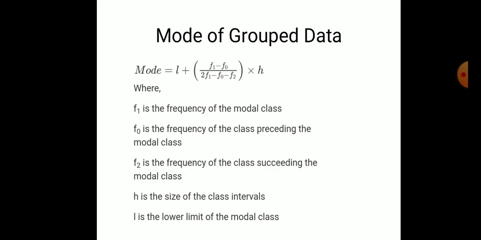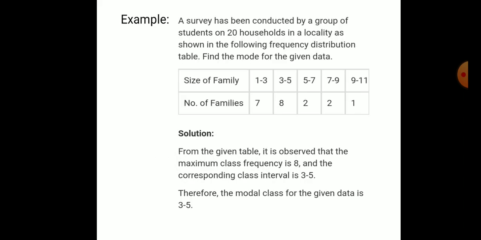Where F1 is the frequency of the modal class, F0 is the frequency of the class preceding the modal class, F2 is the frequency of the class succeeding the modal class, H is the size of the class intervals, and L is the lower limit of the modal class.